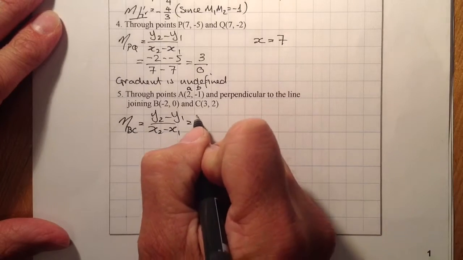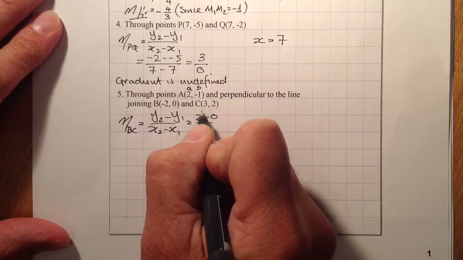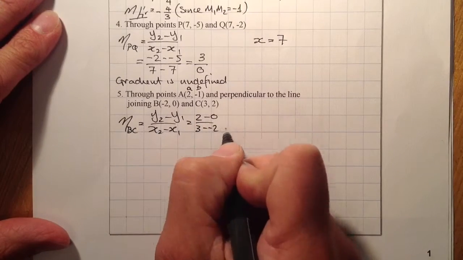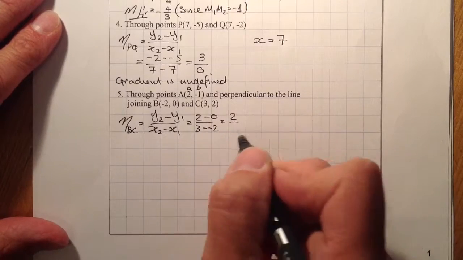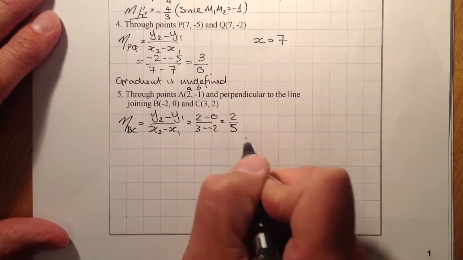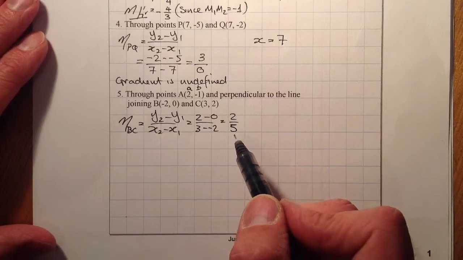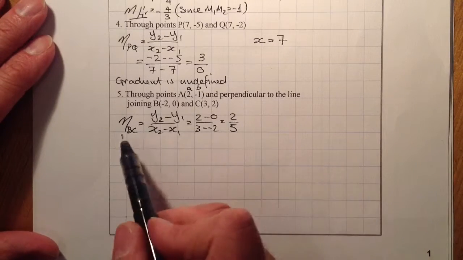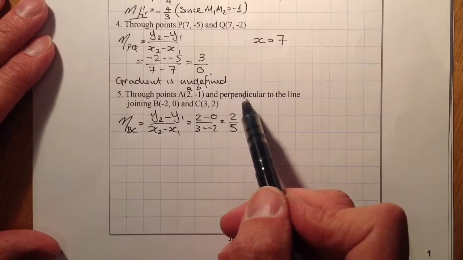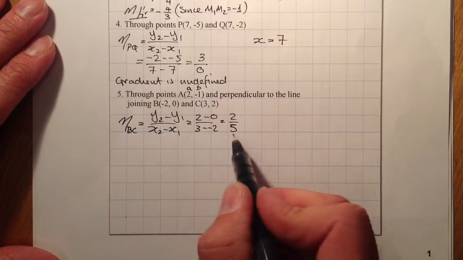So we'll start with this one, so 2 minus 0. And we've got 3 minus minus 2, which gives me 2 on the numerator, and we've got 5 on the denominator, so 2 over 5. And what I can do from there is I will take the perpendicular gradient for that one there. So it's not that gradient I'm after, it's the perpendicular to that line there.